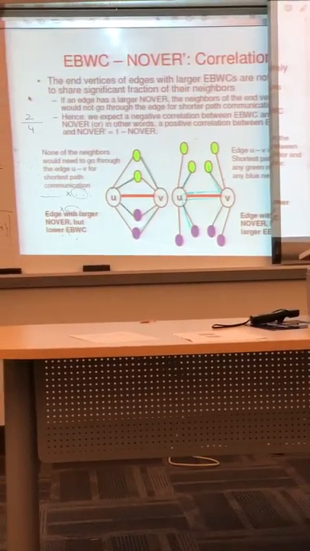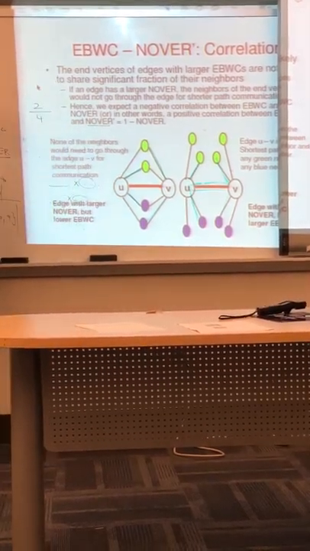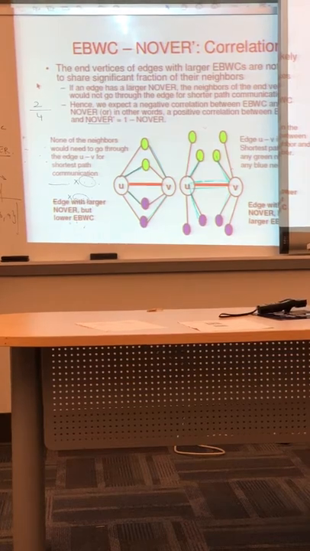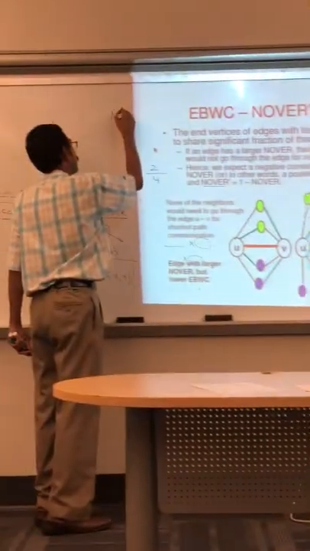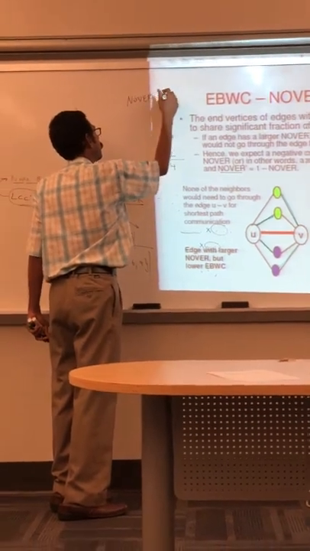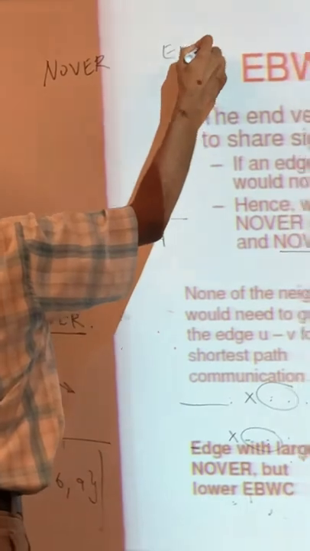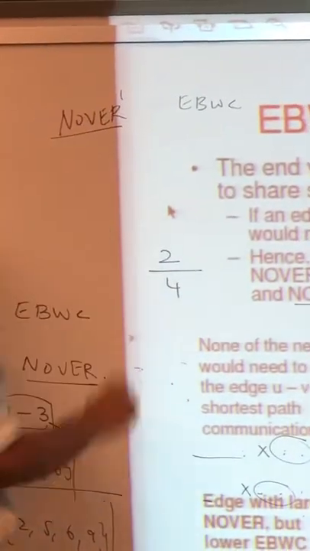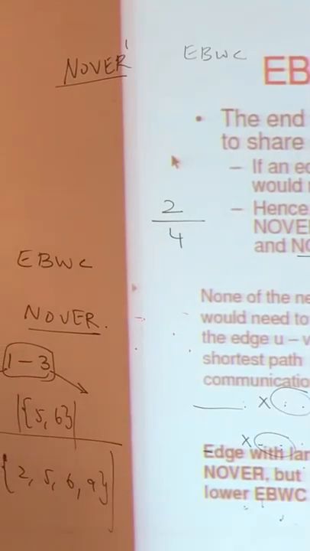So we can also use something called the complement of neighborhood overlap, which is just 1 minus the neighborhood overlap score. If edge betweenness and NOVER have a negative correlation, then the complement of neighborhood overlap and edge betweenness are going to have a positive correlation.